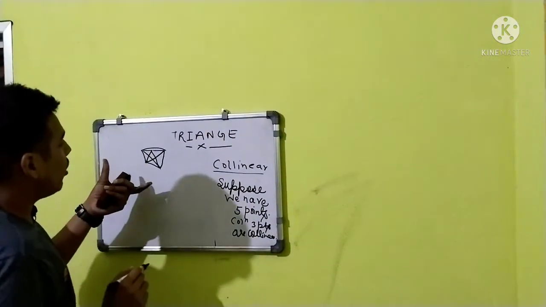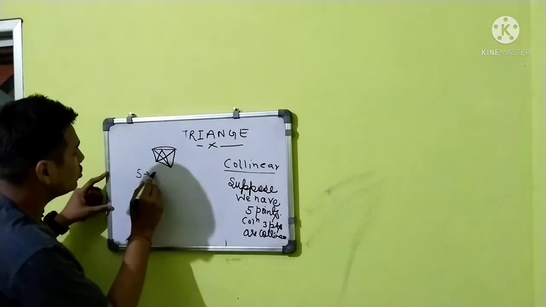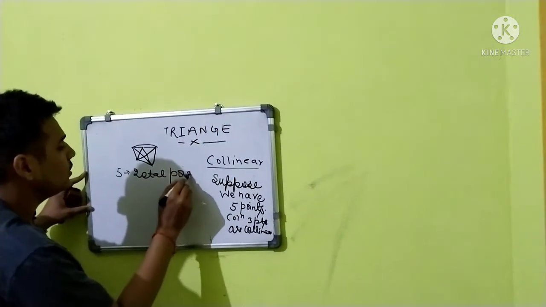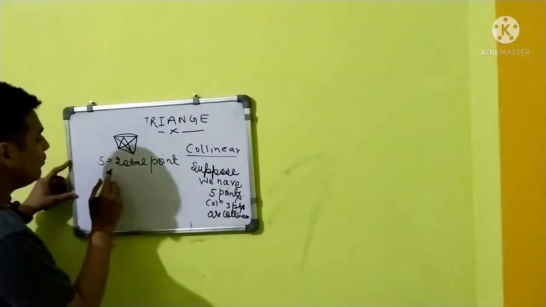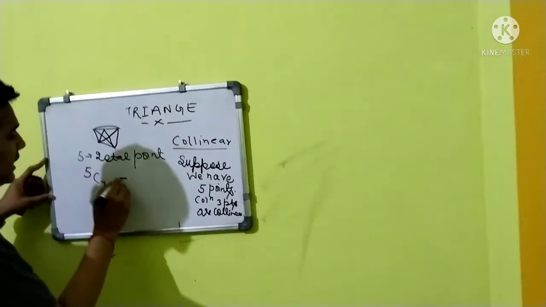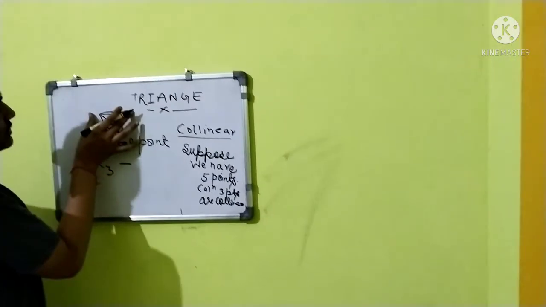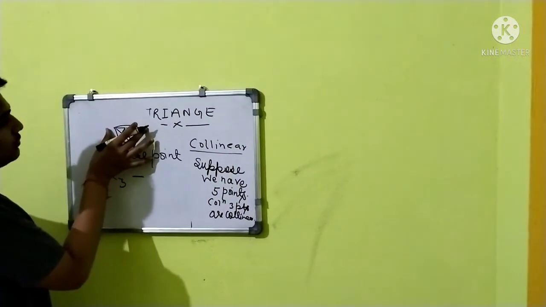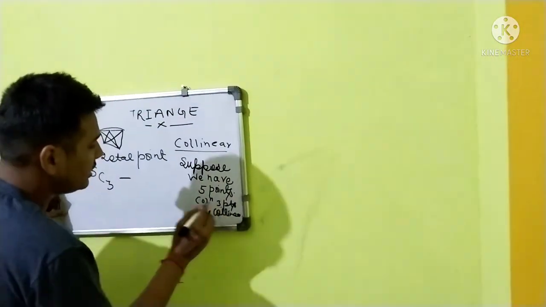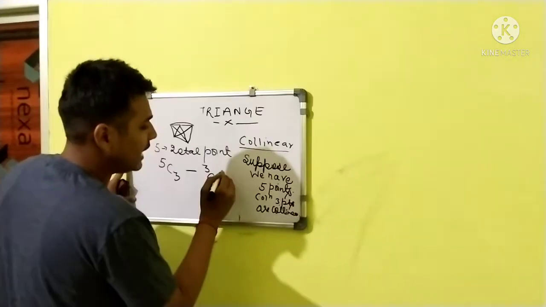So the formula here: total points are 5. Out of 5 we have to select 3 to make a triangle, 5C3, minus. Why do we take the minus sign? Because we have to subtract the triangles that would be drawn from these 3 collinear points. How many points are collinear? 3. And how many points are needed to make a triangle? 3.